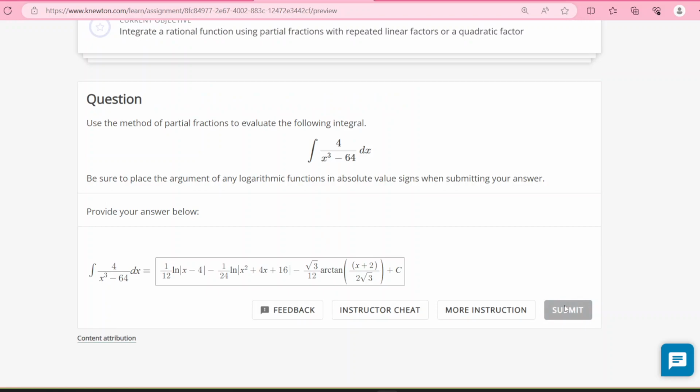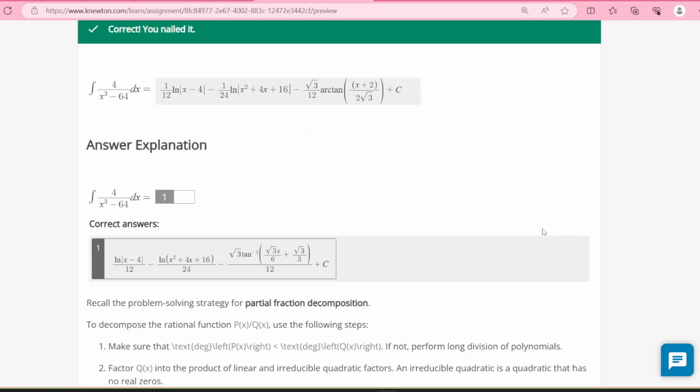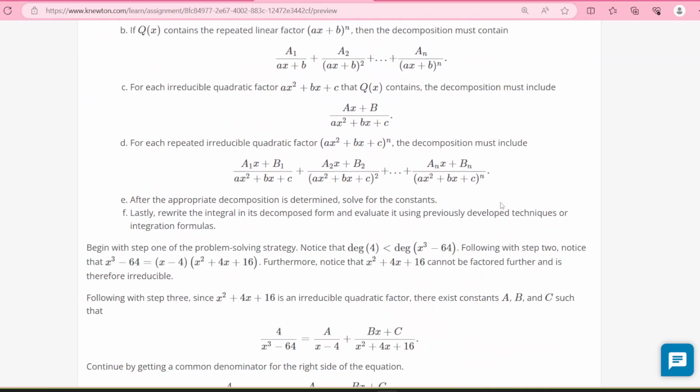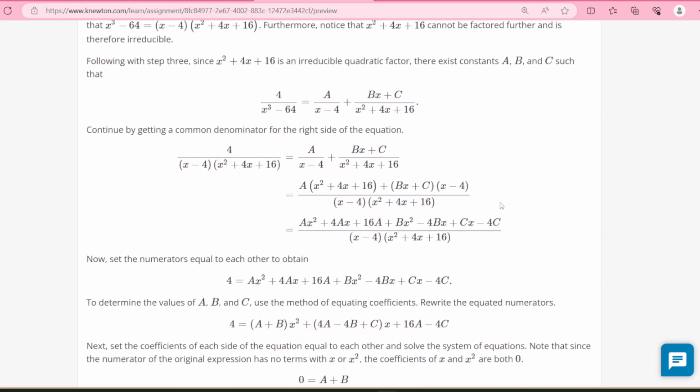Taking time here, checking it out. Hooray! All right. So they rationalize denominators and stuff here, but it looks pretty similar to what I got. Wonderful. And again, read through how they're doing things.